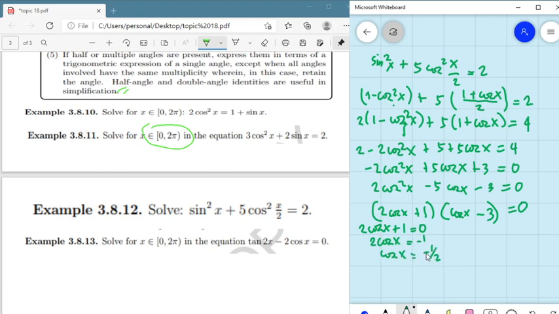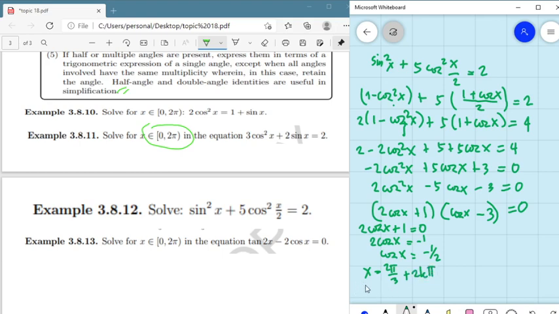Where is the part of negative 1/2? So cosine x equals negative 1/2, which is in quadrant 2 or quadrant 3. Quadrant 2 and quadrant 3. So therefore, here we have 2 pi over 3 plus 2k pi.